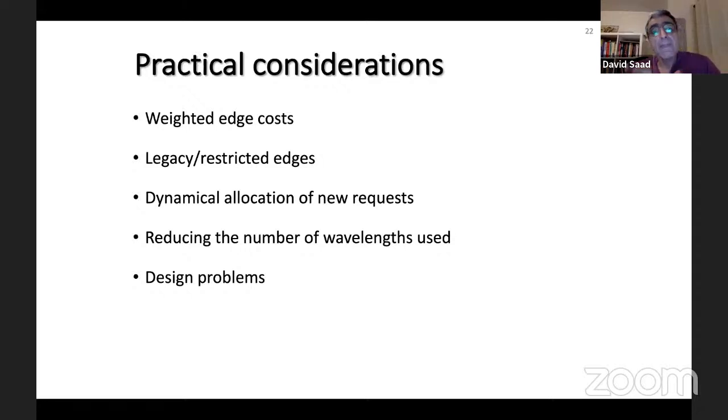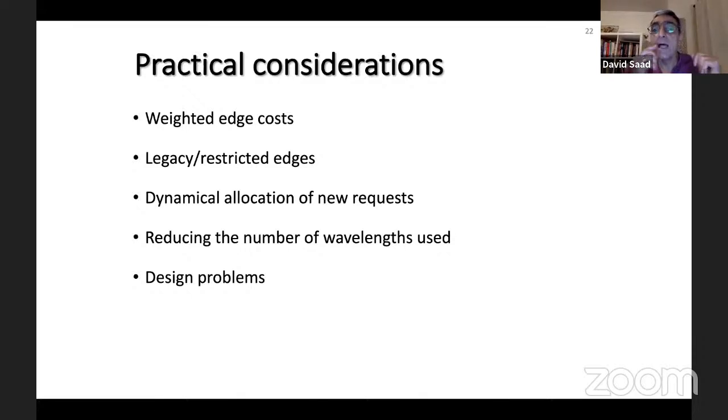We have done it. Dynamic allocation of new requests. In reality, you cannot expect to reorganize all of the requests in order to get the best use of the resource. So each time you have, I don't know, in parallel, 100 new requests, and you do the optimization only on these new requests, given the situation as it stands.